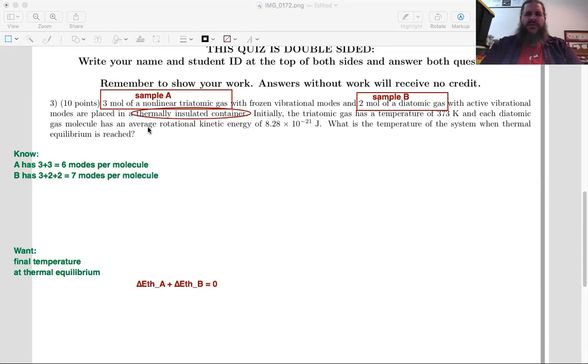What's a useful formula for thermal energy in terms of number of modes? Or do you have any formulas relating thermal energy to modes?